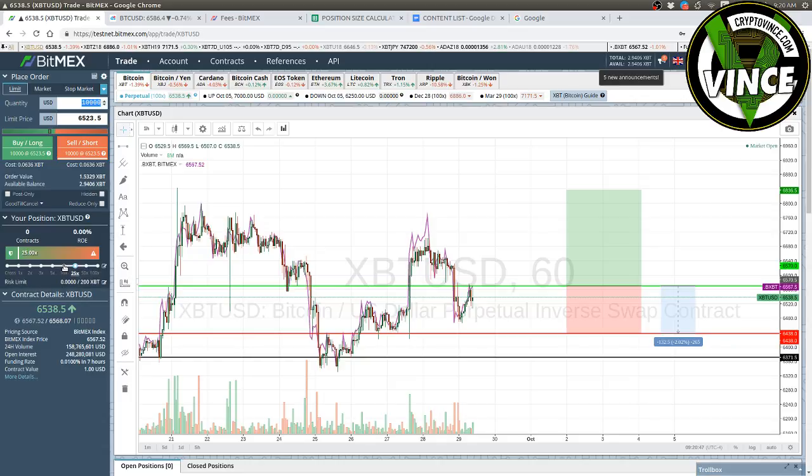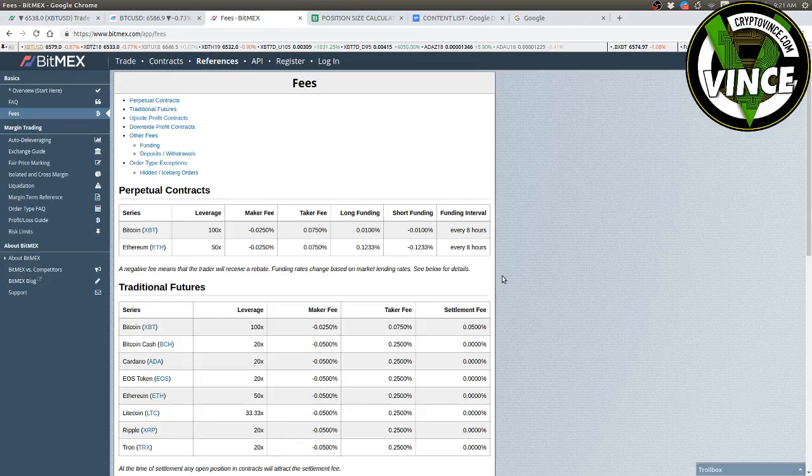So if I'm using 10 times leverage, my cost will be a tenth of 10,000, so $1,000, but my fees are calculated on the total size. So the fees for BitMEX are here.